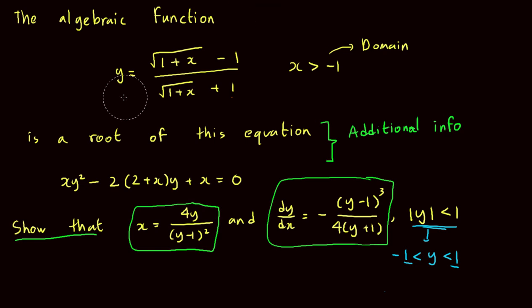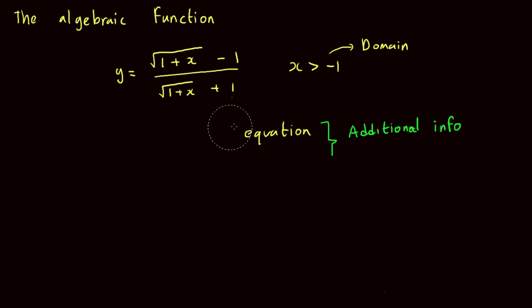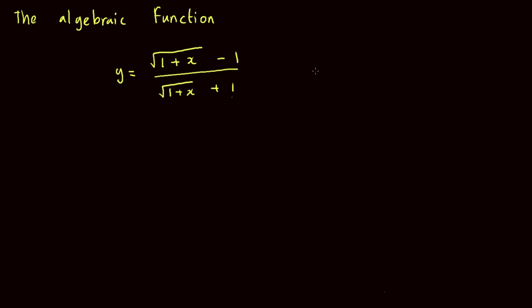Okay, so assuming that you've already given it a shot, let's solve it together. I'm going to erase all this because I need some space. Let me rewrite it again. We have the algebraic function y equals root 1 plus x minus 1 over root 1 plus x plus 1. So let's rearrange it.